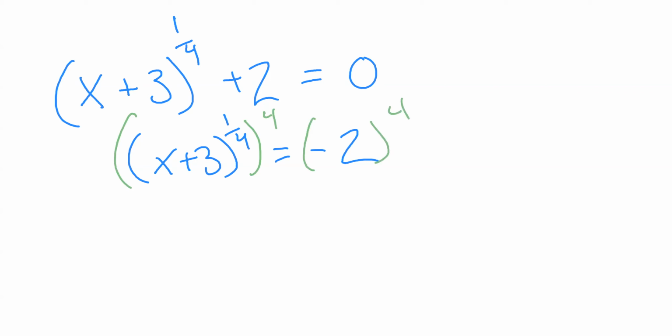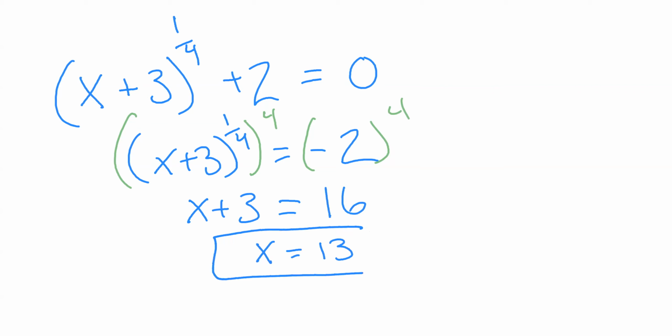When we do that, we're just going to have x plus 3 equals 16. Right? Now we'll subtract 3 from both sides and we'll get that x is 13. Right? Now notice when we raised it to the 4th power, we did take this negative and kind of make it positive. But let's just check that this still works.